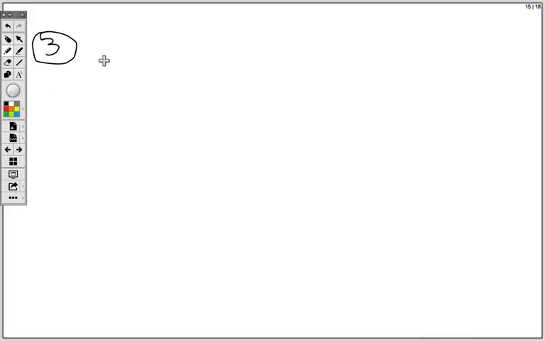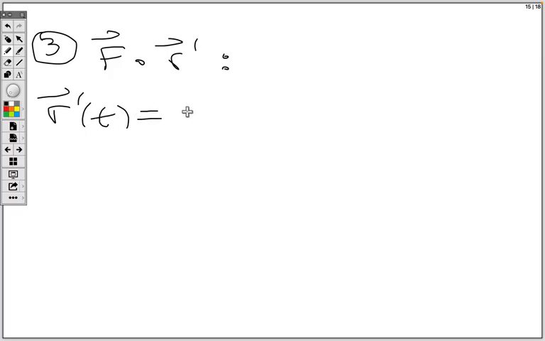So now I need to take F dot r prime. So for that, I need what r prime of t is. So I need to take the derivative with respect to t of r of t. And how do I take the derivative of a vector valued function?